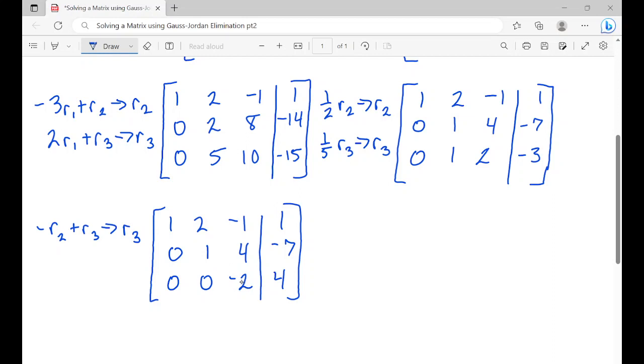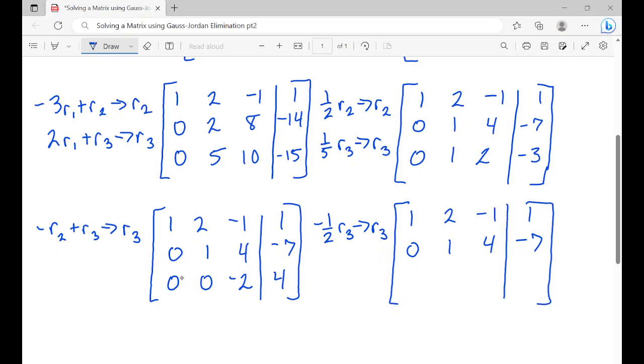So I'm going to multiply this third row by a negative half. So negative half row 3 for new row 3, which means, again, rows 1 and 2 are not being touched. 1, 4, negative 7.